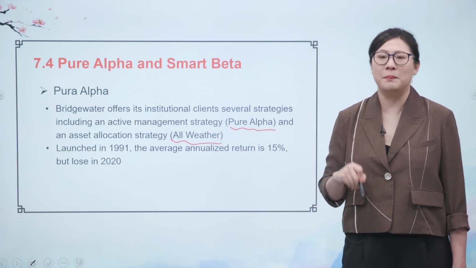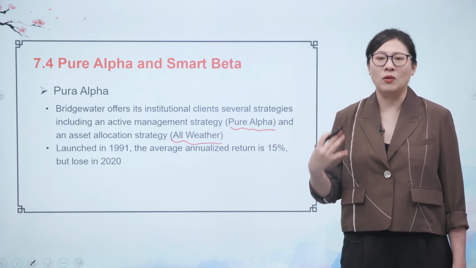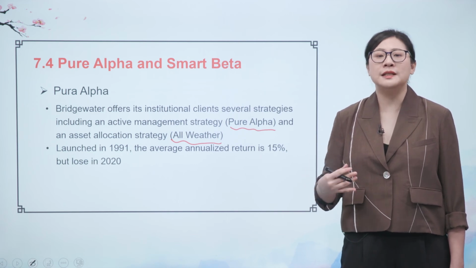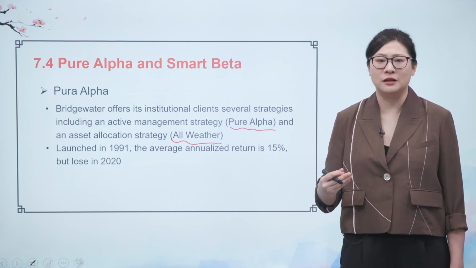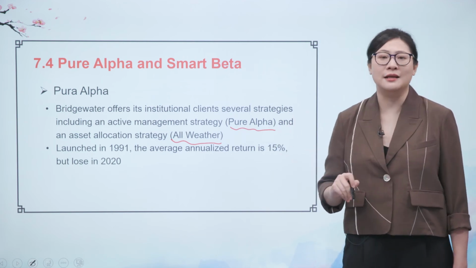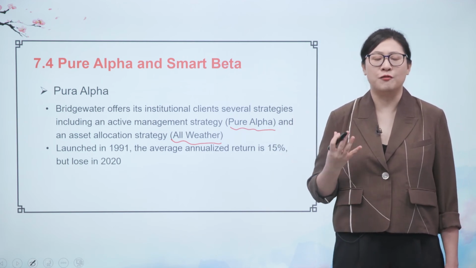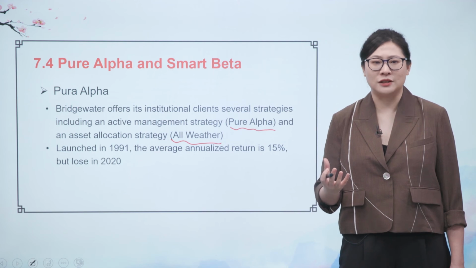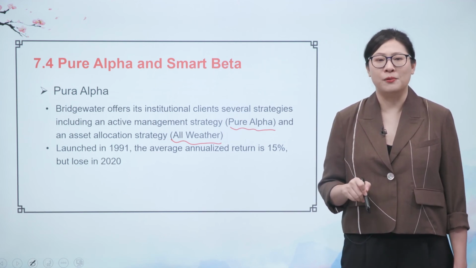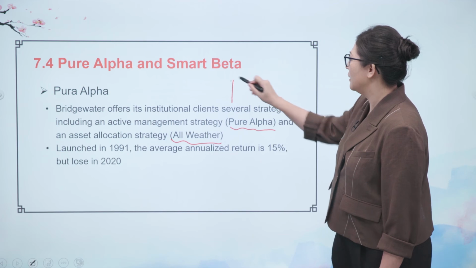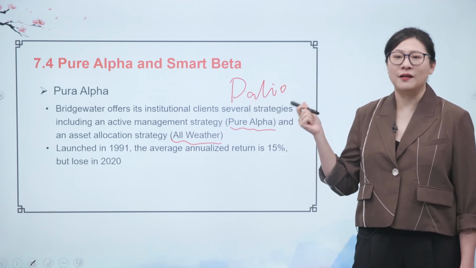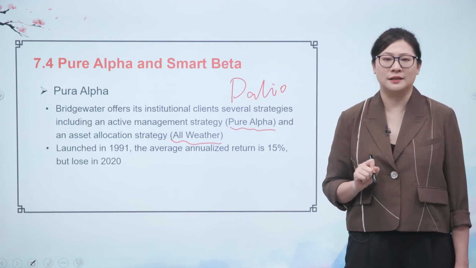That is the beta strategy, which only considers macroeconomic fundamentals, using some hedging strategy in the all-weather. These two strategies are very famous among investors in the world, and were founded by Bridgewater and also Dalio. So the founder of Bridgewater is Dalio.